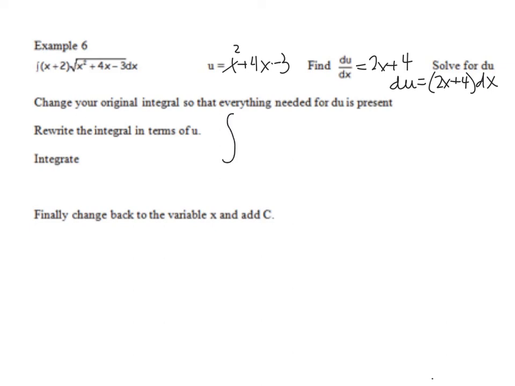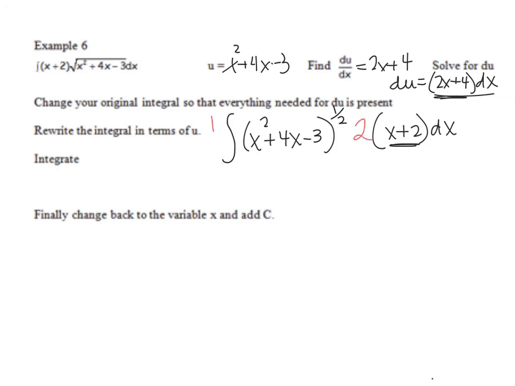Rewrite it. So I have x squared plus 4x minus 3 to the 1/2 power, and then x plus 2 dx. Well, as you can see, we're close, right? If I multiply this by 2, then I'm going to have 2x plus 4. So I'm going to multiply this by 2, and this times 1/2.